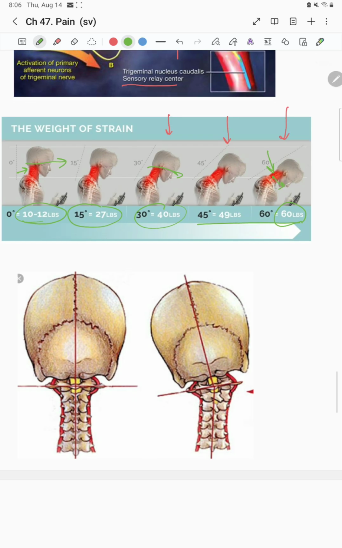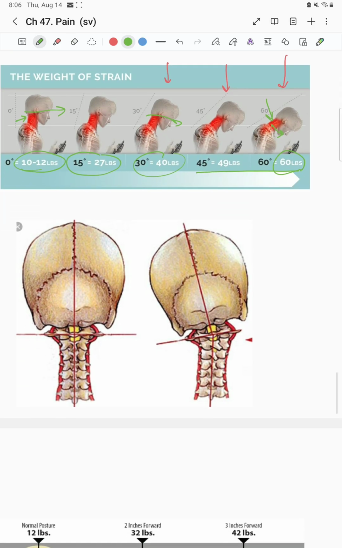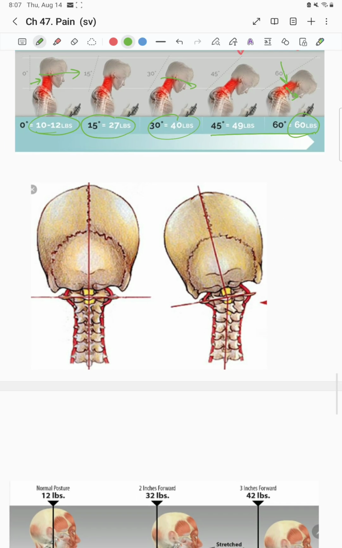Also can cause a shift in the vertebral bones and the disc, causing a translation or a gliding that can start putting pressure on the nerve roots and tethering the spinal cord, which contributes to some neck pain and headaches.